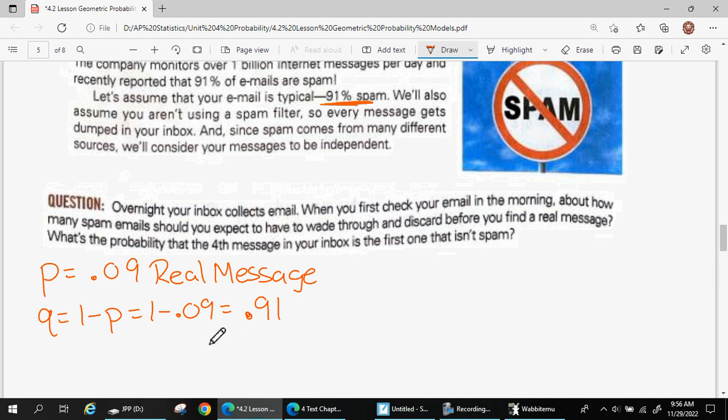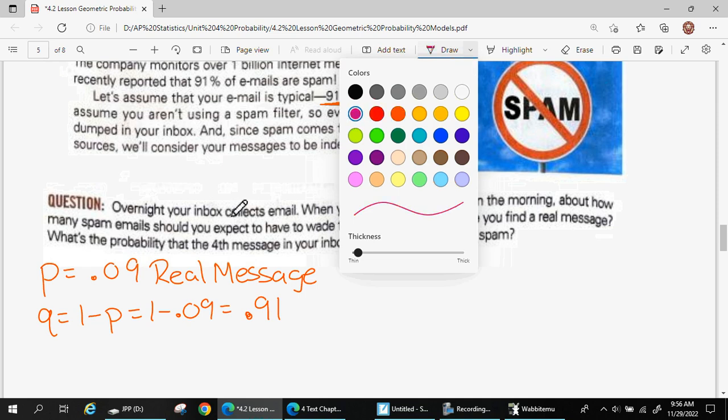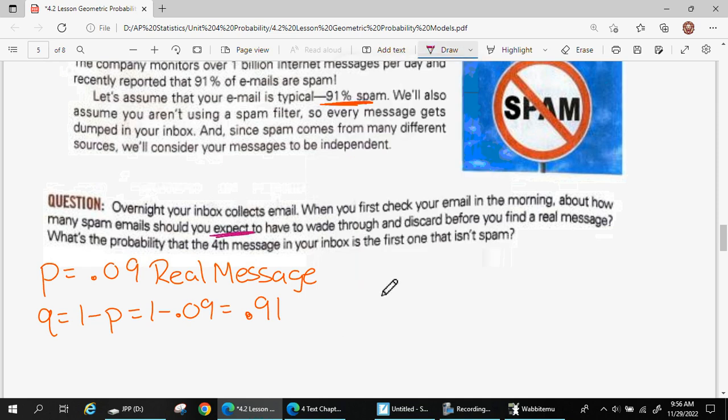This is a geometric probability because we are looking to find our first success. We want to know how many messages we are going to have to look through to get our first success. So when we're asking how many should we expect, well, that means we're going to be looking for our expected value, our mean of this geometric probability distribution. We want to know when we can expect our random variable x to be equal to 4.